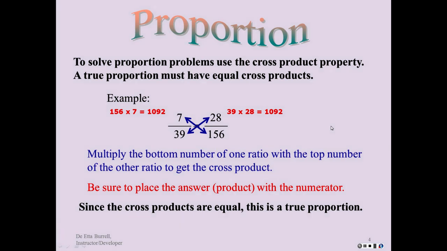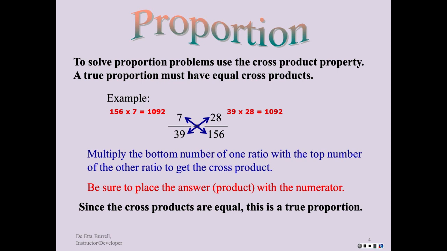Now in your packet, after the review of ratios and rates, you'll have an exercise on page 5 where you have to determine whether the given proportion is a true proportion or not. So if you turn to page 5 in your packets, you can be working on this while you're listening to me on the lecture here.